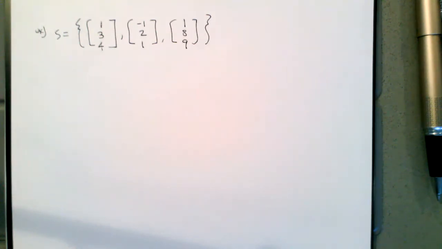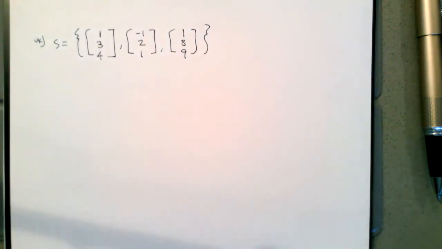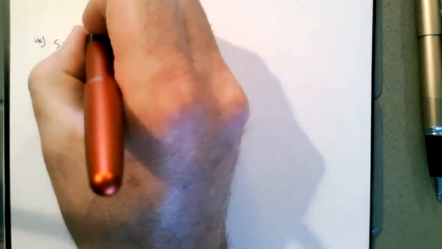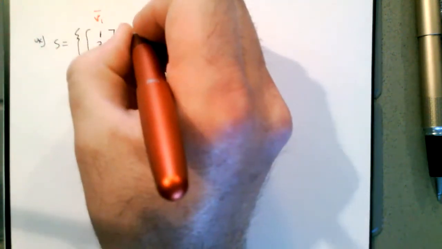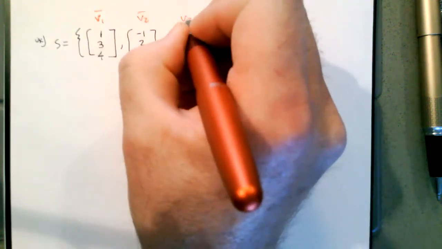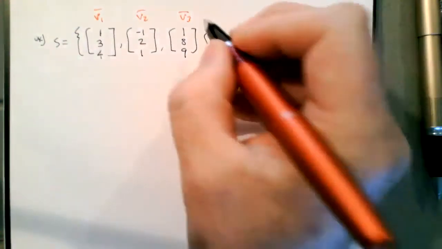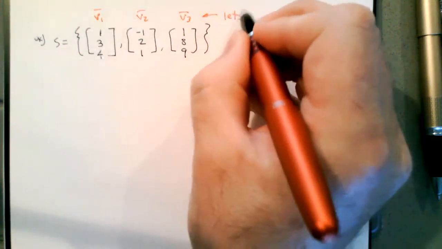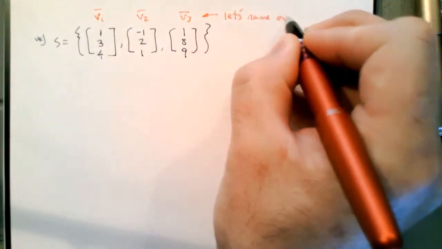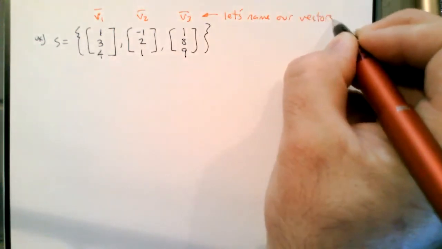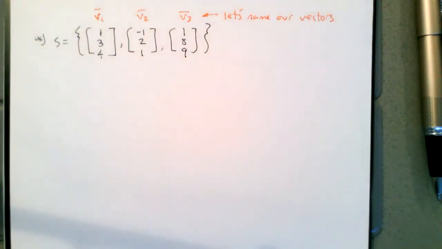Suppose we want to determine whether this set of vectors is linearly independent or linearly dependent. I'm going to name each of these vectors. So let's give the vectors names. I'm going to call this first vector v1, the second v2, and v3. So this is a set of vectors. One of the questions that we'll ask is: is this set dependent or independent?